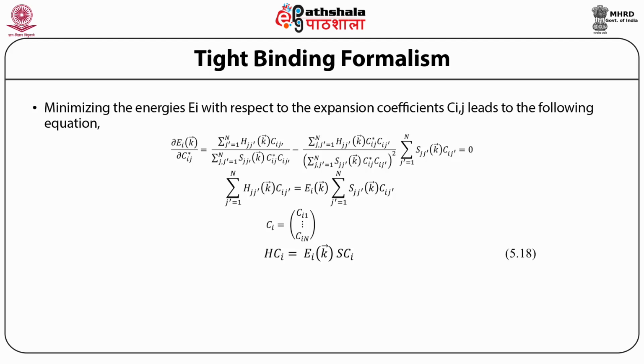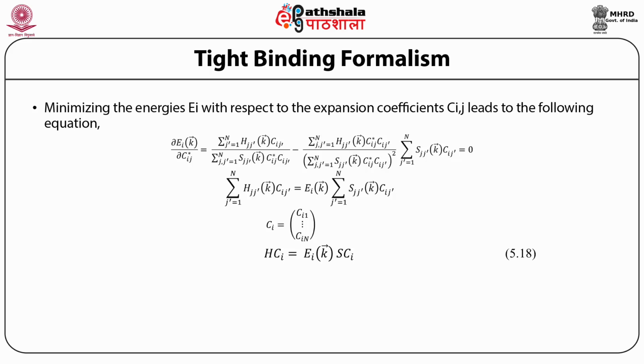So this leads to the equation: summation over j prime equal to 1 to n of Hjj prime as a function of k vector, Cij prime, equal to Ei as a function of k vector multiplied by summation over j prime equal to 1 to n of Sjj prime as a function of k vector, Cij prime, where Ci is equal to Ci1.